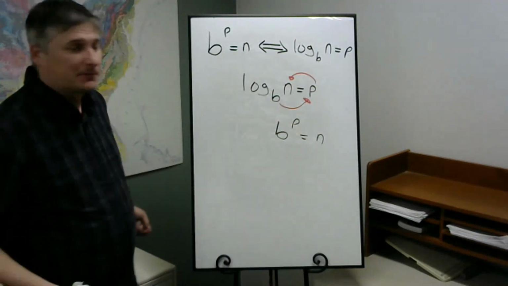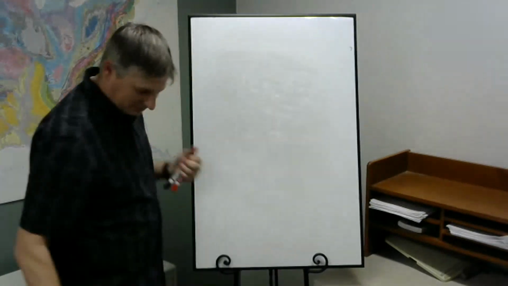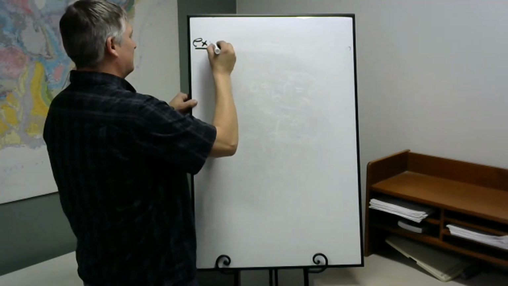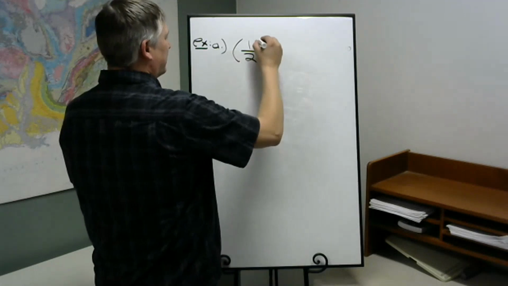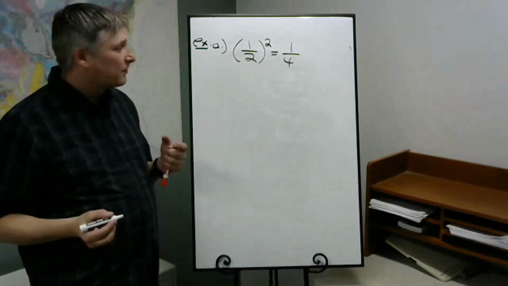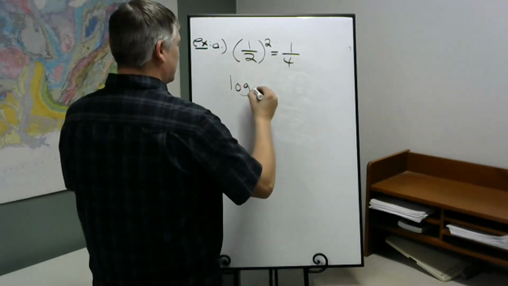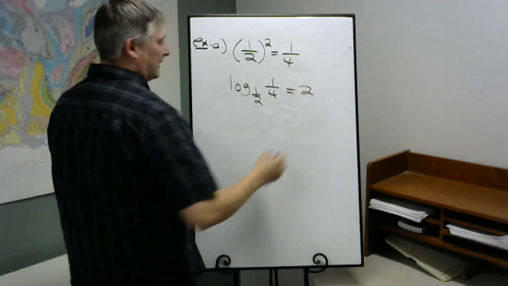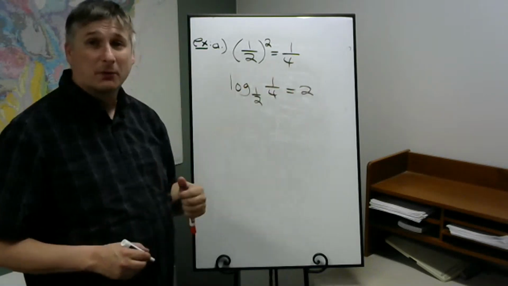So let me do some examples. So 1/2 squared, 1/2 times a half is 1/4. So that's going to mean that we have a logarithm of base 1/2 of 1/4, and that's equal to 2. B to the P gives you 1/4.